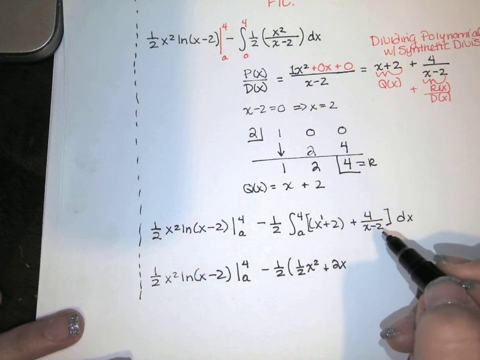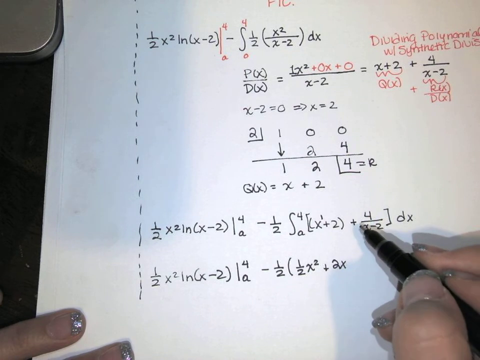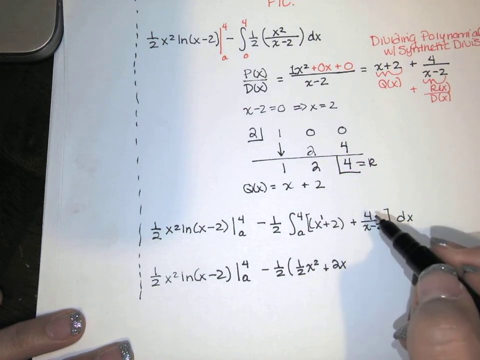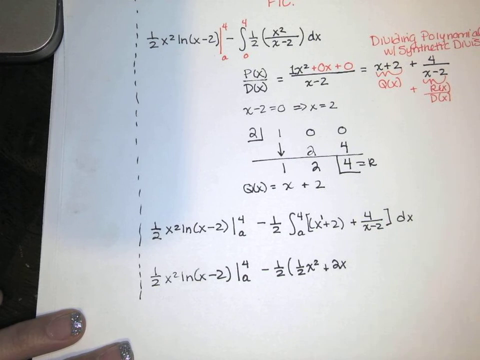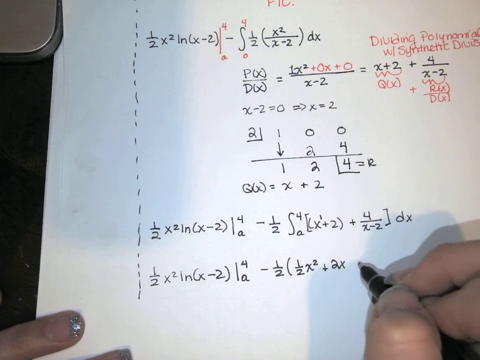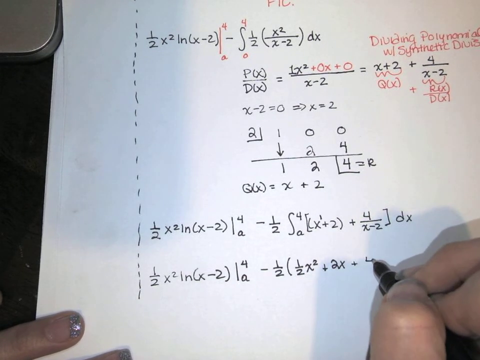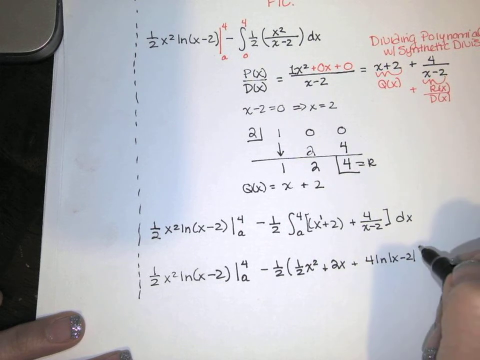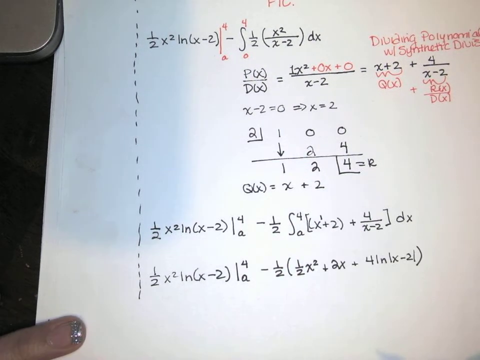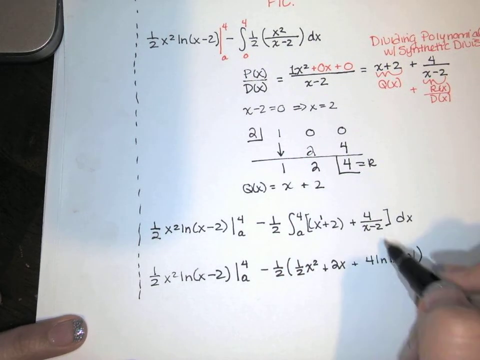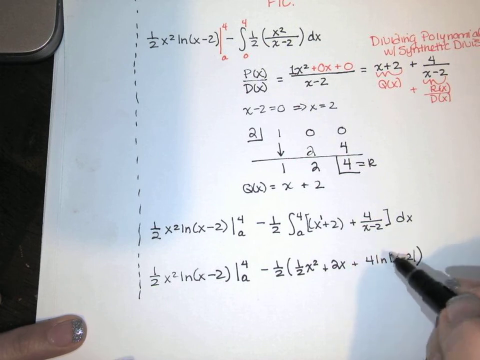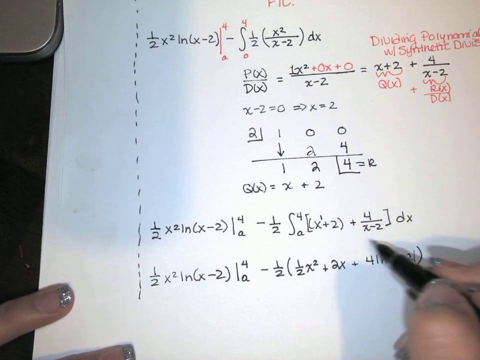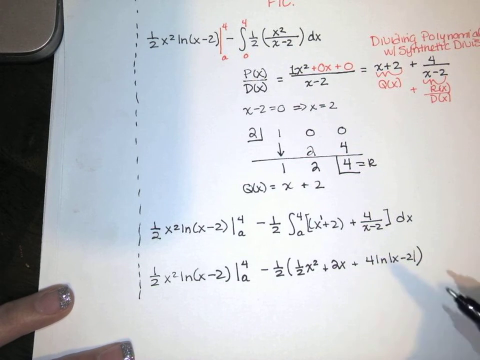This is a very simple u sub. If u is x minus 2, du is dx. So this is a 4 over u du. So we end up with a 4 times the natural log of the absolute value of u plus c. We don't need the plus c because it's a definite integral. Now if you're not sure about that, you should pause this video and do the u sub and make sure you get the same answer.